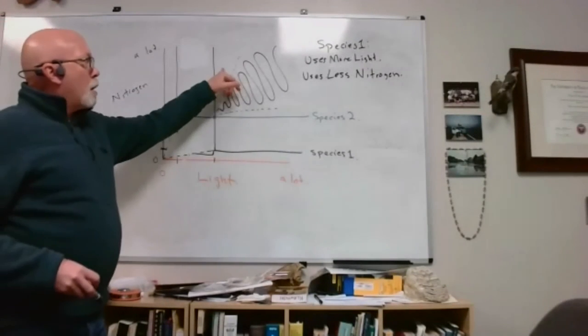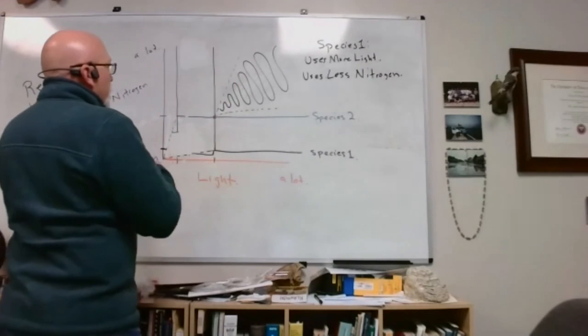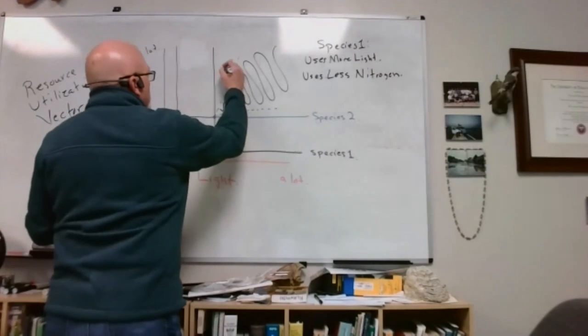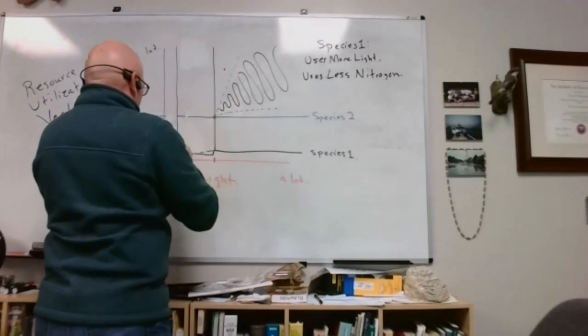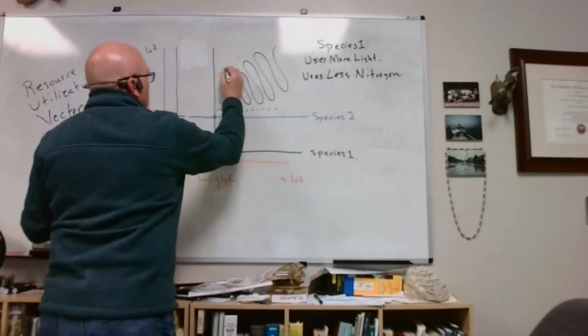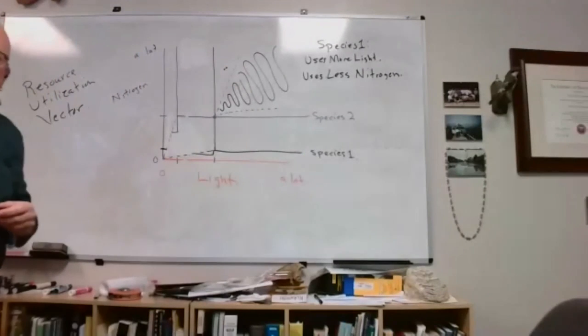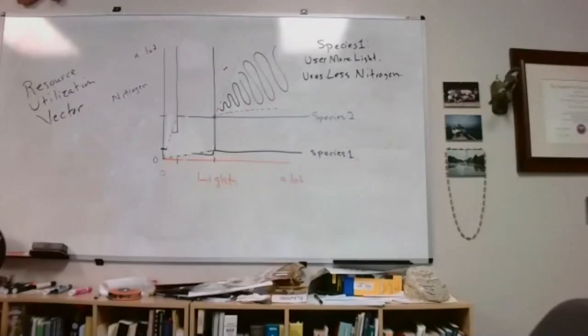But as soon as you cross this boundary, what happens is, if we put a dot here, if species 1 and species 2 are both here, so I'm going to put 2 dots. Imagine that these 2 dots are sitting on top of one another.